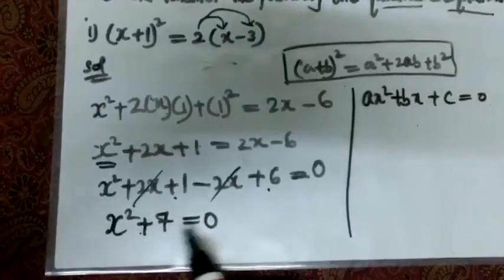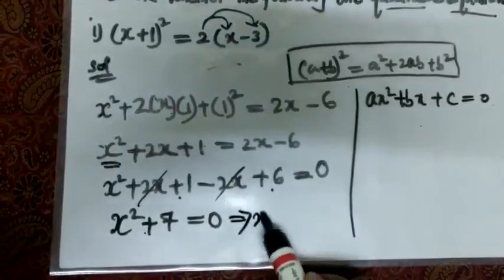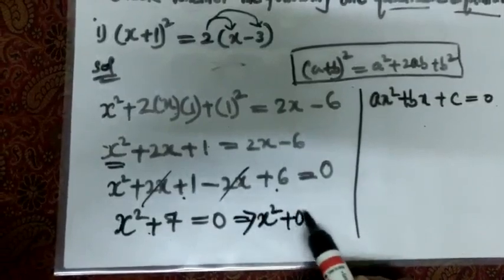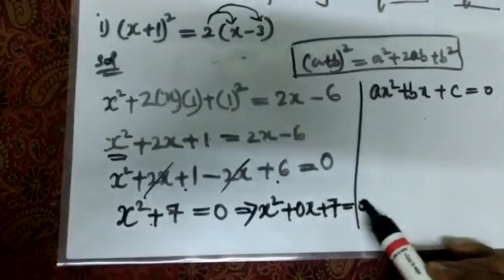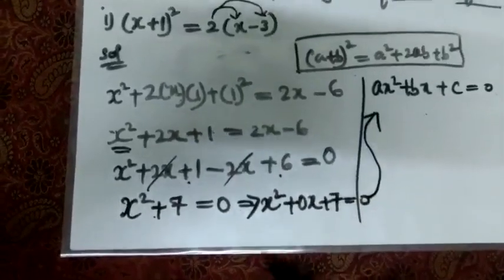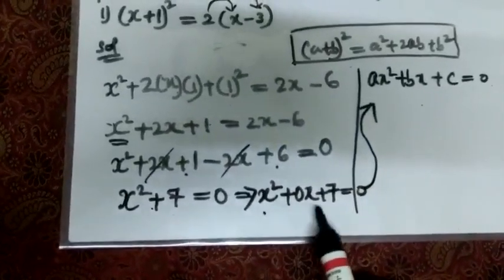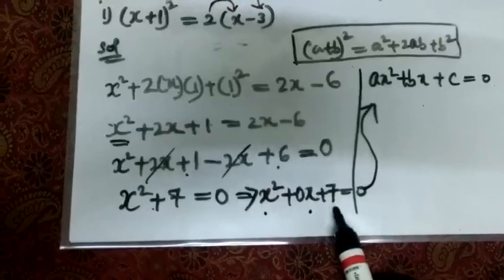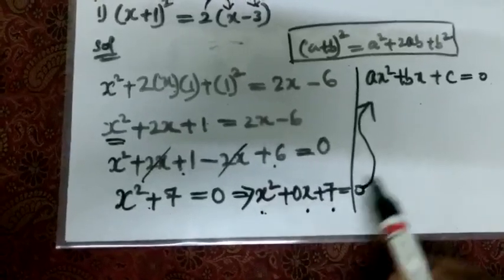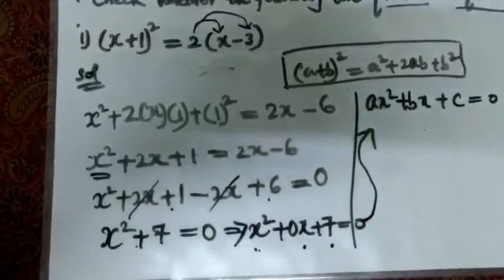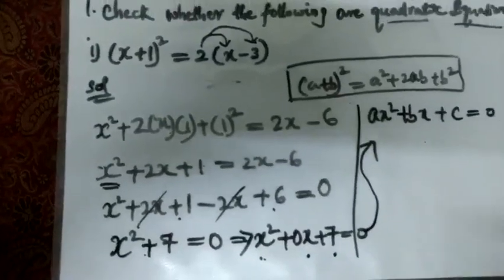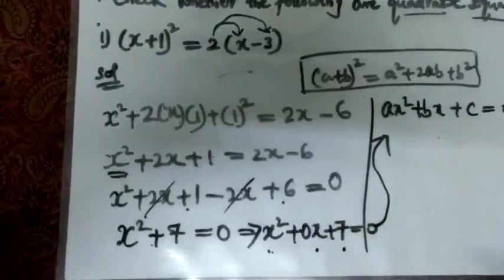So can I rewrite this equation as x square plus 0x plus 7 equals to 0? It means that now I am trying to match this equation with this one. Do I have x square term? Yes. Do I have x term? Yes. And do I have constant here? Yes. So it is matching with the quadratic equation general form. So I can say this is a quadratic equation. This is one way to reason out why it is a quadratic equation.